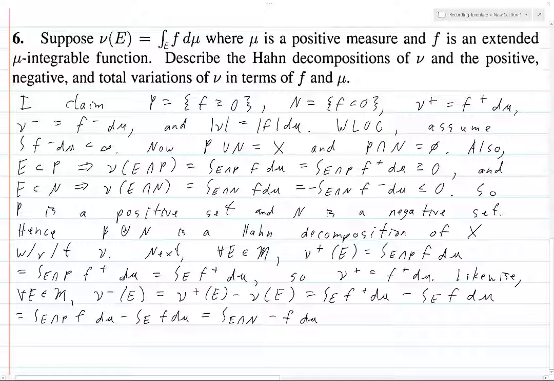So anyways, we have this. And so what is this? The integral over E intersect N of negative f d mu is just going to be equal to the integral over E of f minus d mu.